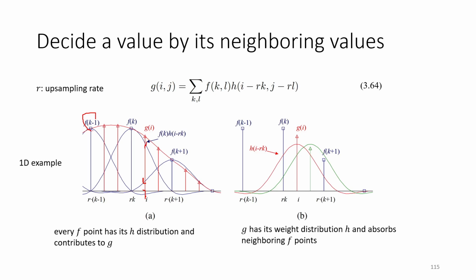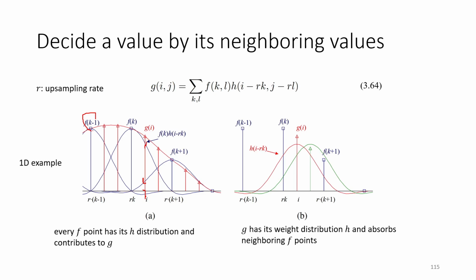Another perspective is that G has its own weight distribution, like this red one. F will be multiplied by the contribution and get back to G. So when we want to decide another location, for example this green one, the curve is the same.